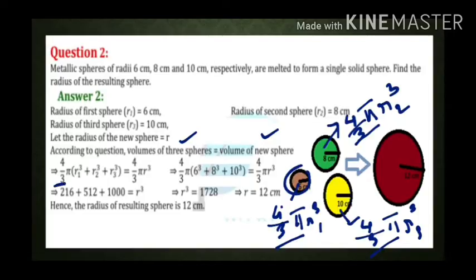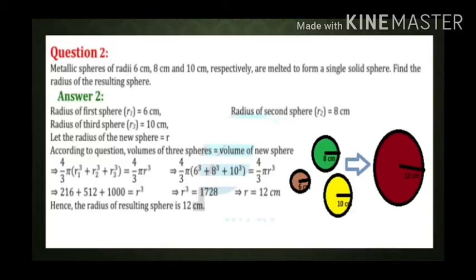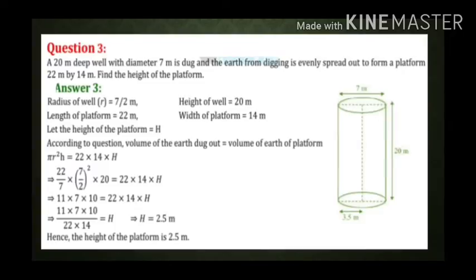The remaining is r1 cube plus r2 cube plus r3 cube. This is equal to the volume of the new sphere. For the volume of the new sphere, I have considered the radius as r, so it will be 4/3 pi r cube. This 4/3 pi will cancel on both sides. Now put the values of r1, r2 and r3. You will get the value of r as 12. That means the radius of this new sphere is equal to 12 centimeter.